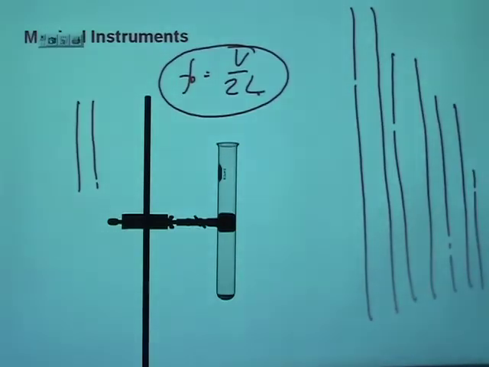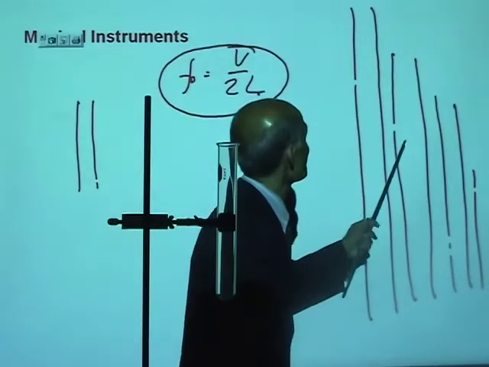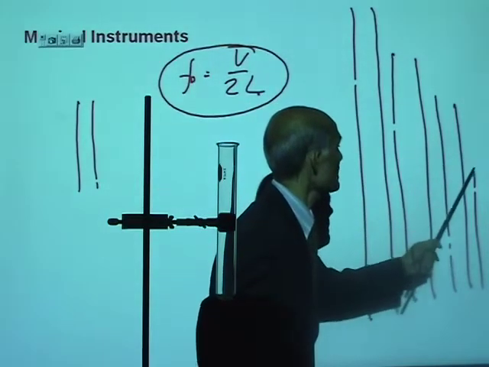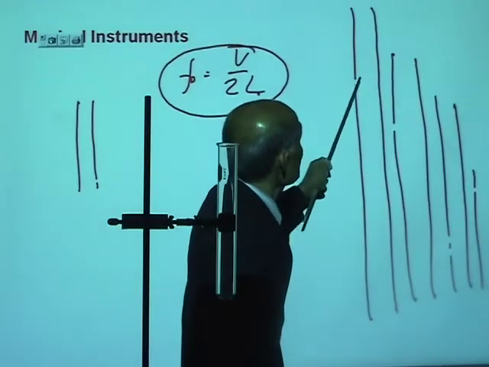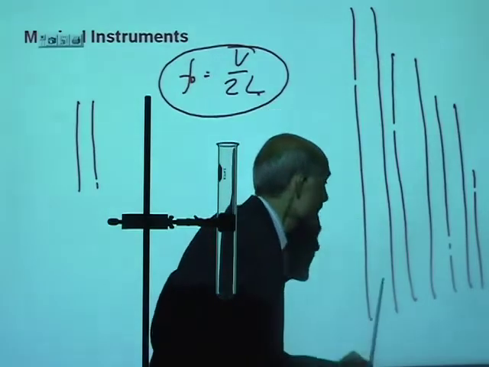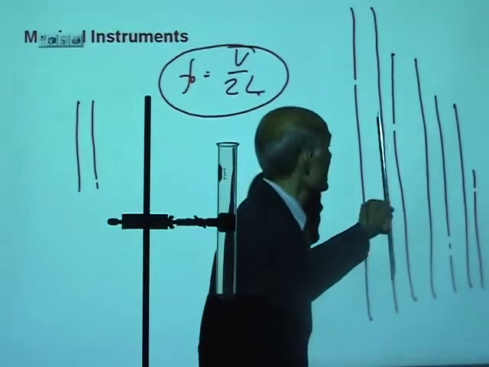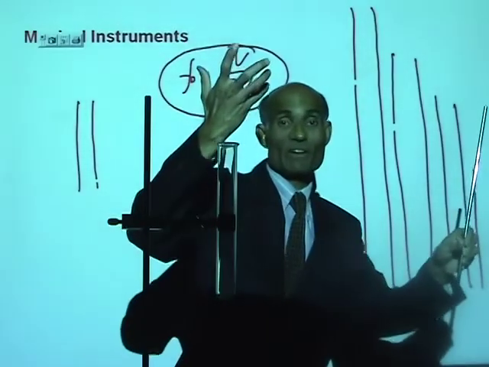You see that? So, if I keep a set of tubes like this, a very long tube, then a shorter one, another shorter one, the frequency of vibration of air columns will be lower when the length is large. As the length of the tube is reduced, the frequency will increase.